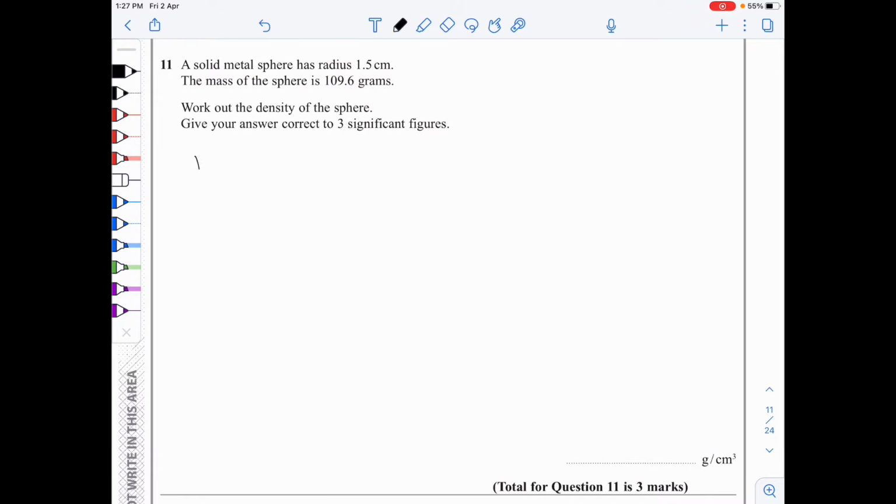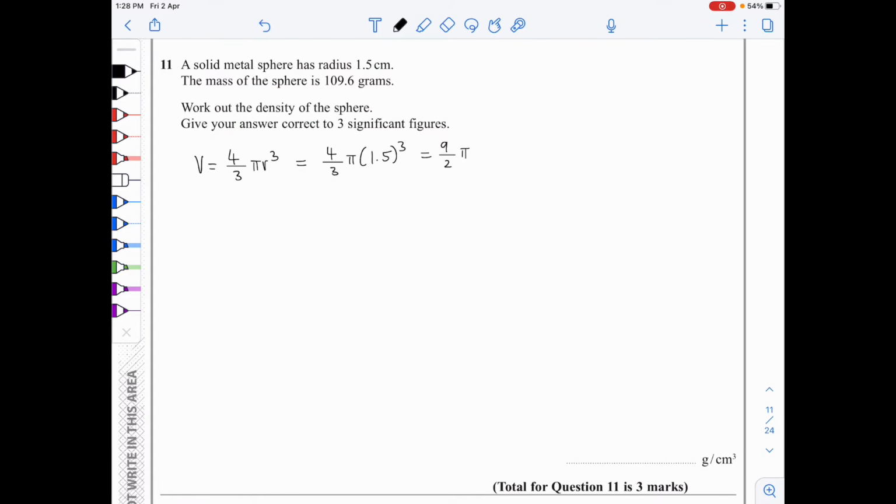We are told in the formula booklet that the volume of a sphere is 4 over 3 pi r cubed, which in our case is 4 over 3 pi times 1.5 to the power of 3. So if we just do this on the calculator without the pi, I get 9 over 2 pi.